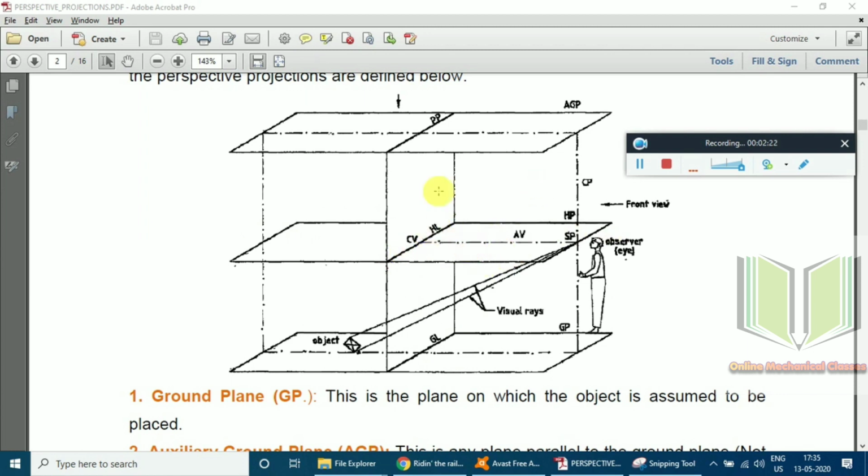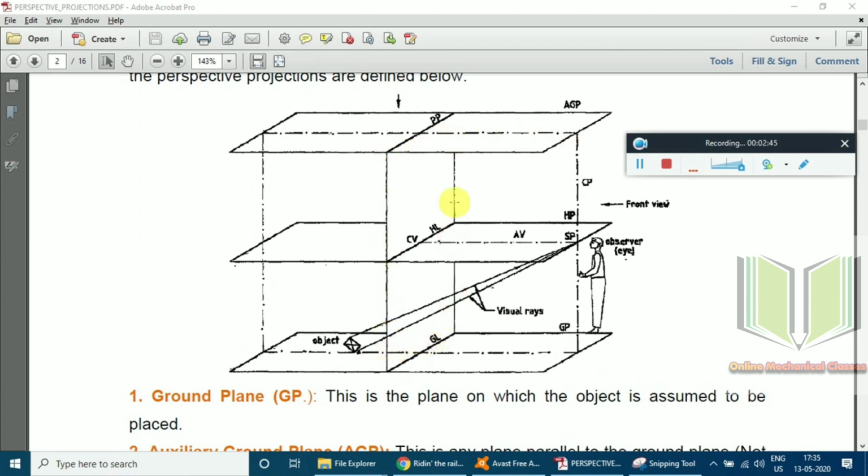Above that you will have the auxiliary ground plane, AGP. Now see here, there is a dotted dash square, and that is called your central plane.